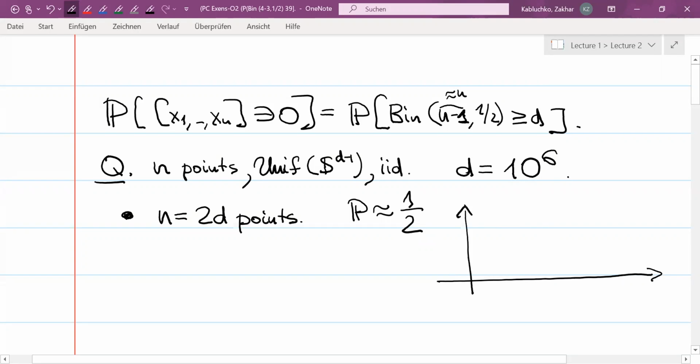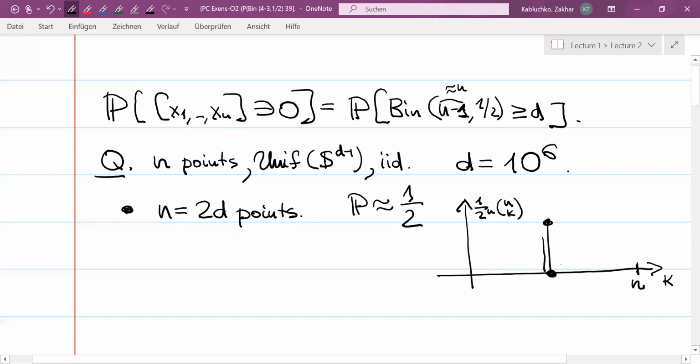So let us draw a picture. Here we have n. No, we have here k, I'm sorry. On this axis we have k, and here we have this term, 2 to the n, n over k. And then we know that the central limit theorem holds, which means that we have, so this is the binomial distribution, right?